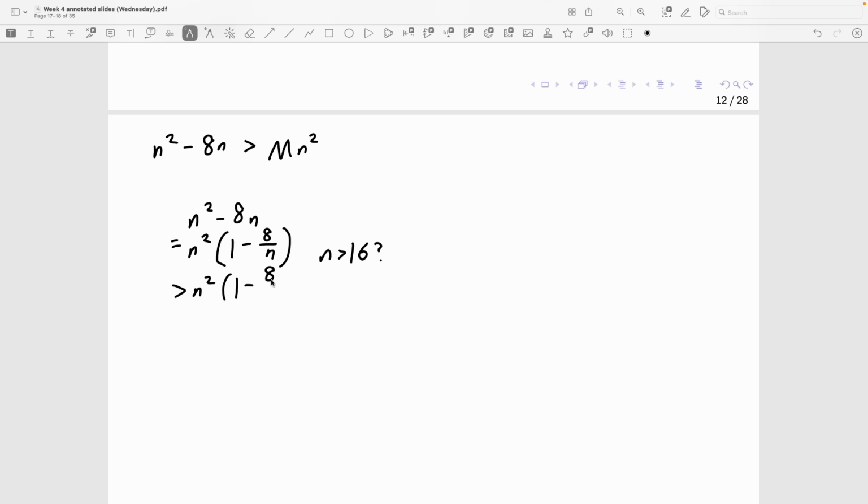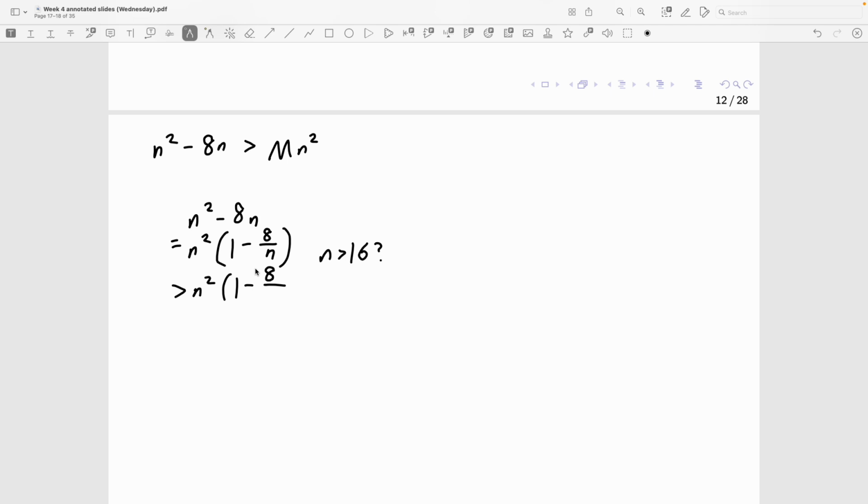Yes? Oh, I was about to explain. The reason I chose 16 is because with this fraction, we want to find n such that 1 minus 8 divided by n is bounded by some reasonable constant.